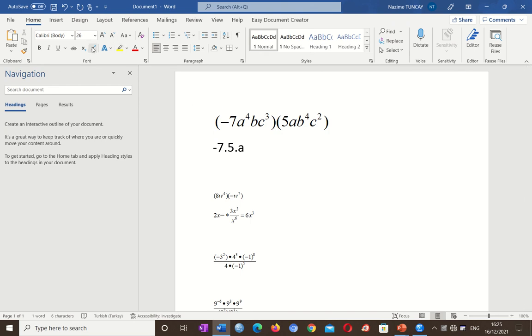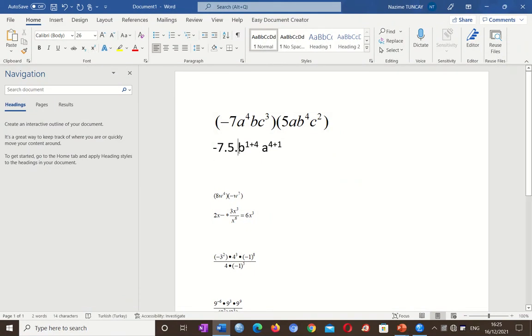I have here a to the power 4 plus 1, multiplied by... The order is not important in multiplication. Then I have b, this is 1 and 4. I have b to the power 1 plus 4. And I have c.